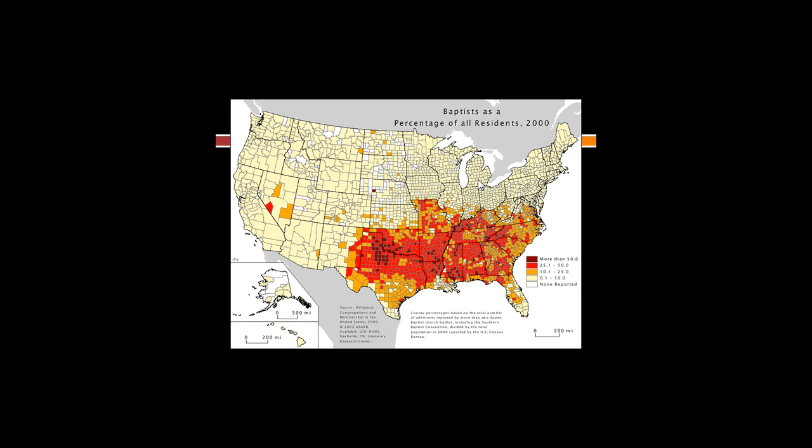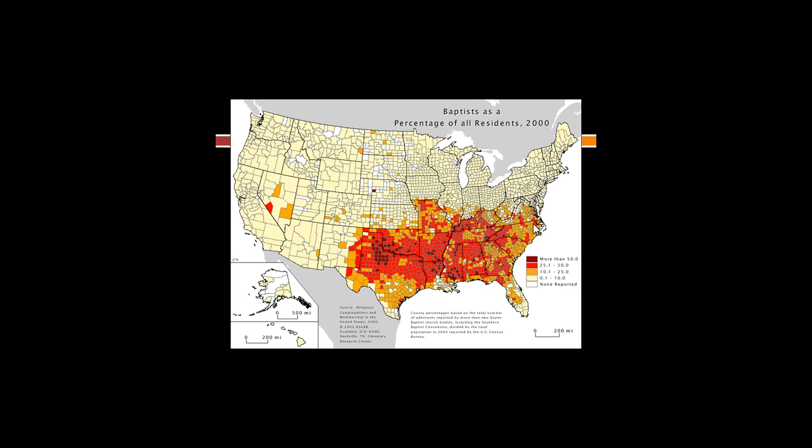I have just two more maps just to kind of round out that discussion of how unique the American South is. You can see here the map of the percent of the population that identifies as Baptists, and you can see it's largely concentrated and corresponds nearly perfectly to the borders of the American South. And I should point out all of the places that were settled by Southerners.